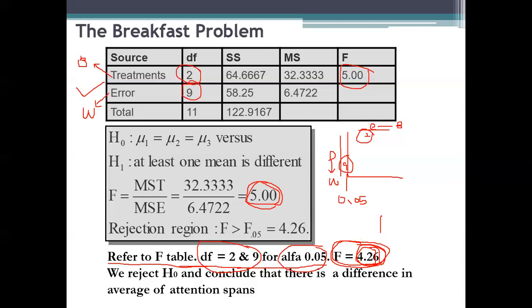So now we can conclude that F is greater than F alpha, that is 0.05.